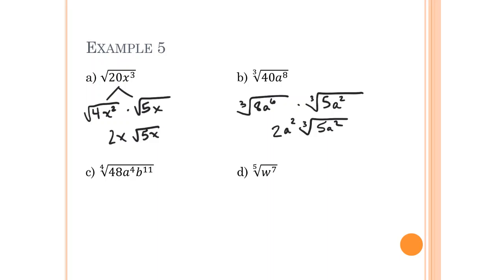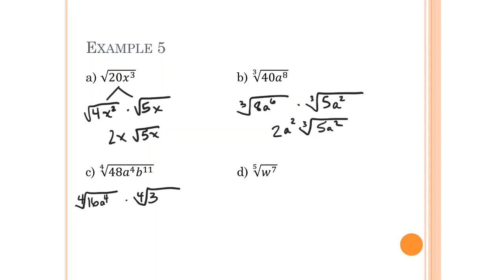Okay, for this next one, fourth root, I'm just going to go ahead and assume that I'm doing this somehow. Fourth root of 48 I can't do, but I can split 48 into 16 and 3. And then I can do the fourth root of a to the fourth, so I'm going to put the whole a to the fourth thing under the first one.